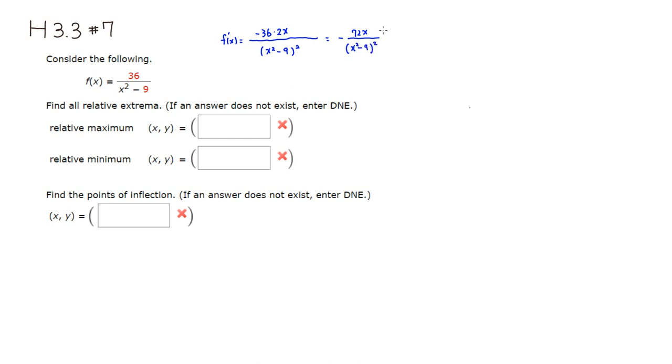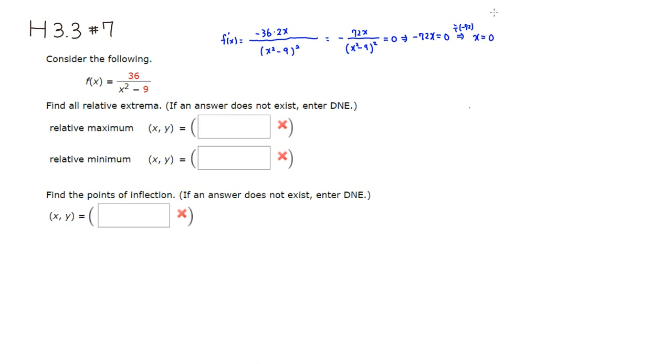And so we're going to set this equal to 0. You can see that you have negative 72x equal to 0, and we can just divide through by negative 72. So we know that x is equal to 0.